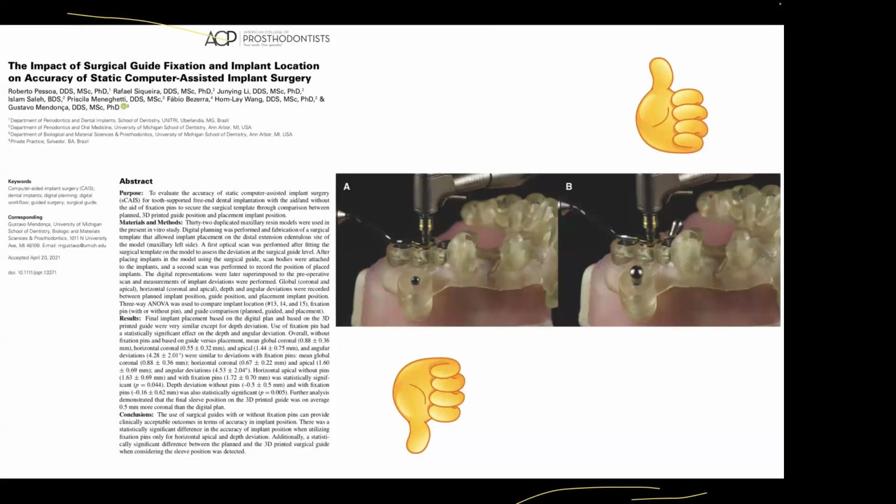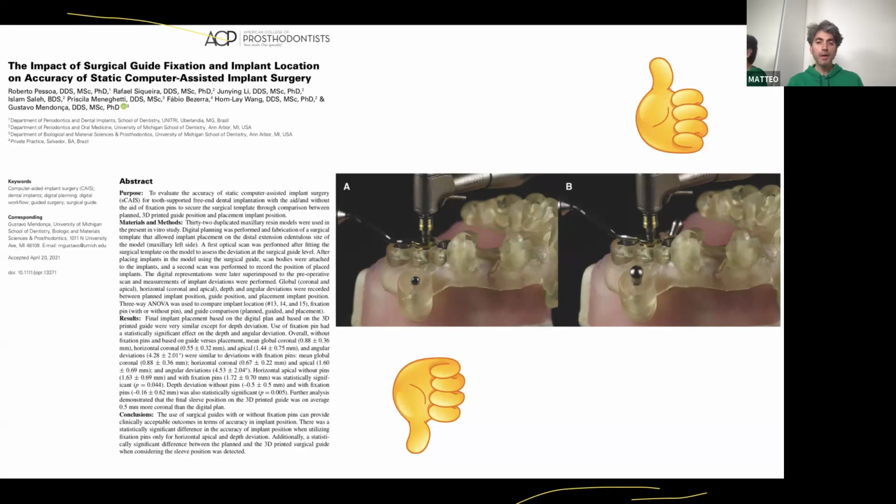And mainly, the placement of the anchor pins helps us in fully edentulous cases and in cases of class 1 and class 2 of Kennedy, in which we have a free edentulous space, posterior edentulous space.